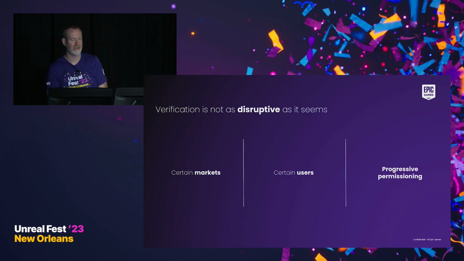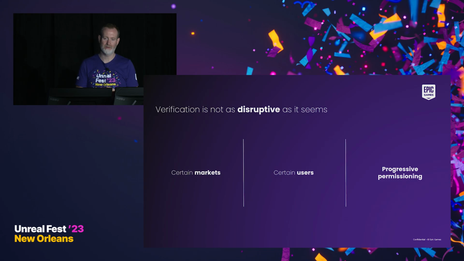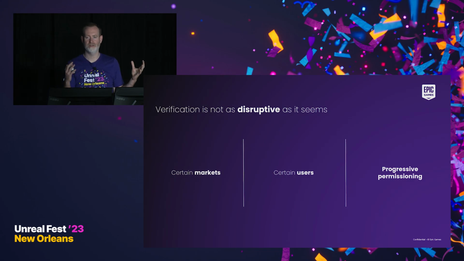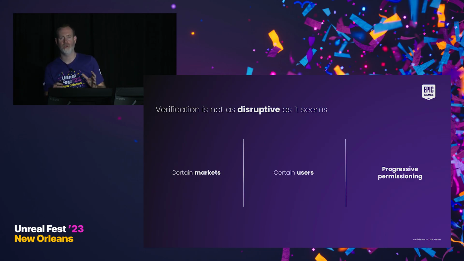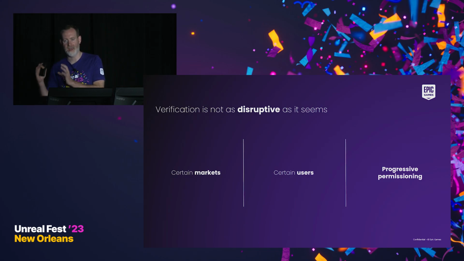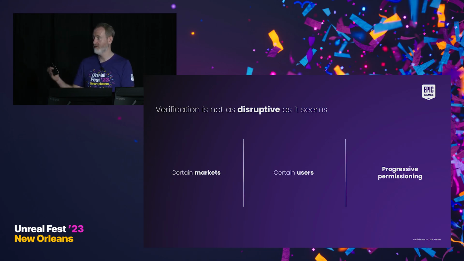It sounds strange to say that, but when we deal with companies and gaming ecosystems, they tend to think about their onboarding flow and focus on it for all users. And we're like, no, this is only something where, if someone declares their age as a minor, or if you detect they're a minor in some other way, this is the protection you put around that group of users. So it isn't for everyone. We also work on what we describe as progressive permissioning.